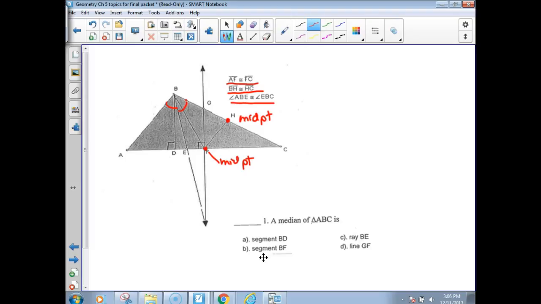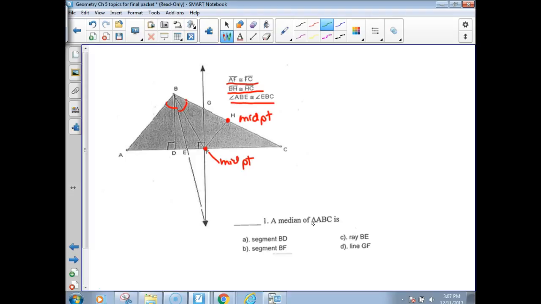So we're asked to find a median first. Can someone look at the diagram and see if you can figure out which one is a median? It should go to one of the midpoints. It should also connect to a vertex, which is A, B, or C. The only one that's connecting to anything is B, so it's going to be something with B in it.